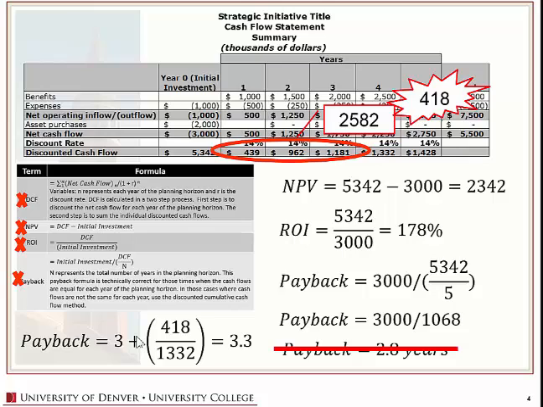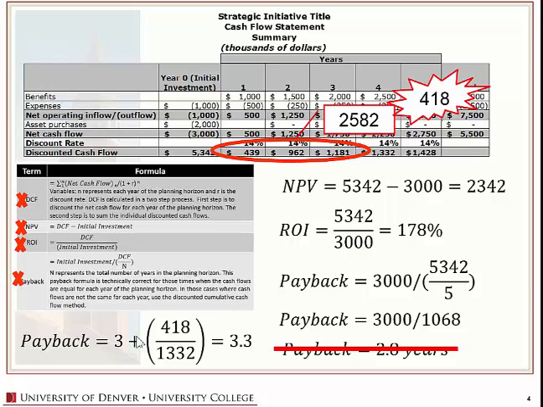So we take the 3 years, and then we divide the $418,000 by the $1,332,000 of cash flow in year 4, and come up with a payback period of 3.3 years. So 418,000 divided by $1,332,000 is in fact 0.3.